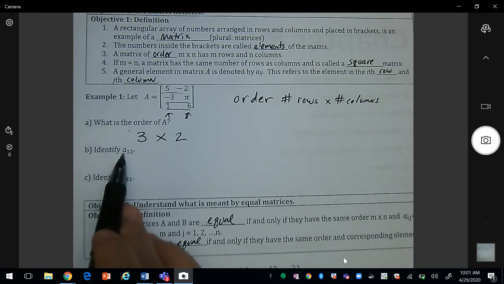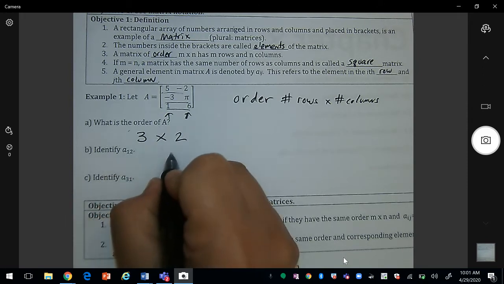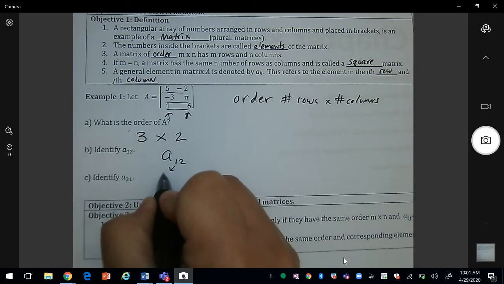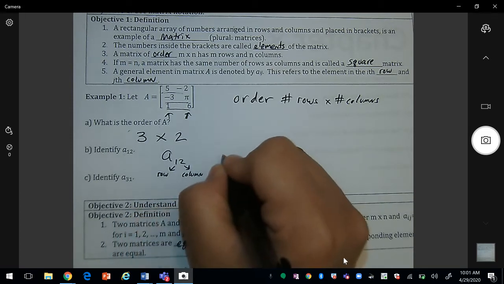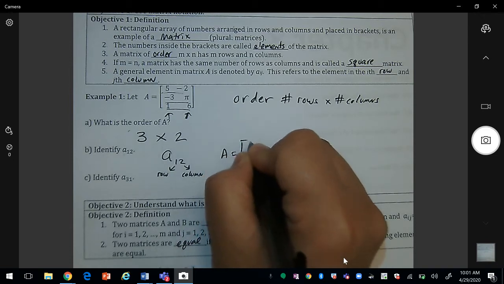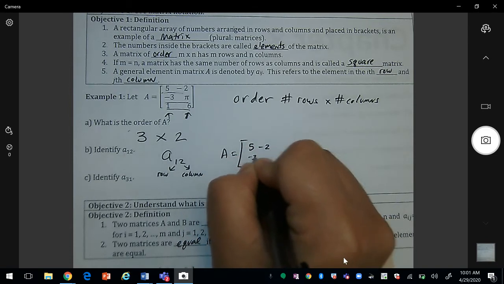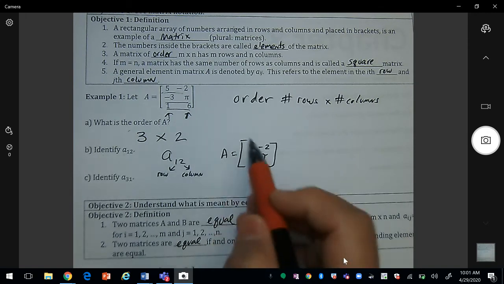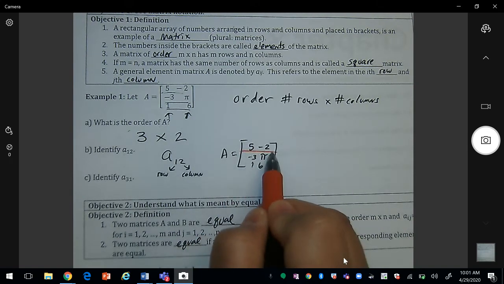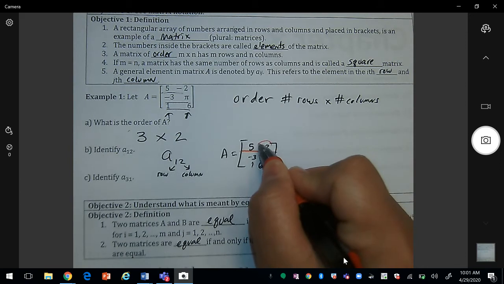Letter B, identify A12. Here A12 is asking for the element located in the first row, second column. If we look at our matrix, we look at the first row, and then locate the second column.